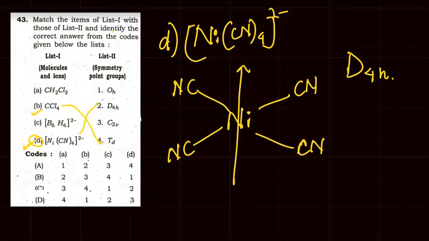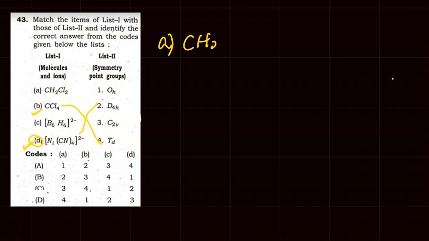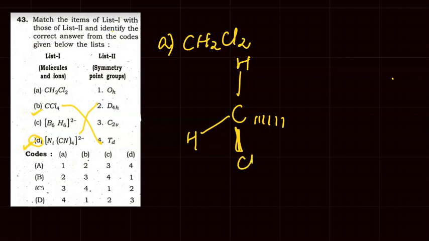Similarly, if I talk about the molecule A, CH2Cl2, if I draw it, its geometry is tetrahedral, but the molecule is not symmetrical. If I want to pass an axis of symmetry, then we will have to pass a C2 axis of symmetry in this way.